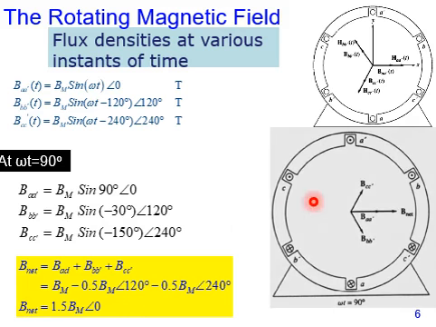The pictorial view of these flux densities can be seen from the right figure, and this figure shows that the direction of B AA bar is towards the right, B BB bar is slightly downwards, and B CC bar is slightly upwards, and the B net is in the direction of right, and this can be calculated by adding all the three flux densities.